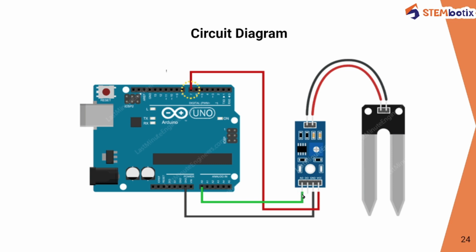This analog output pin is going to be connected to any analog pin of the Arduino Uno board, so we have connected the A0 pin with the A0 pin on the Arduino board. The GND pin is connected to the GND pin on the Arduino board, and the VCC pin is connected to the digital pin number 7 on the Arduino board.